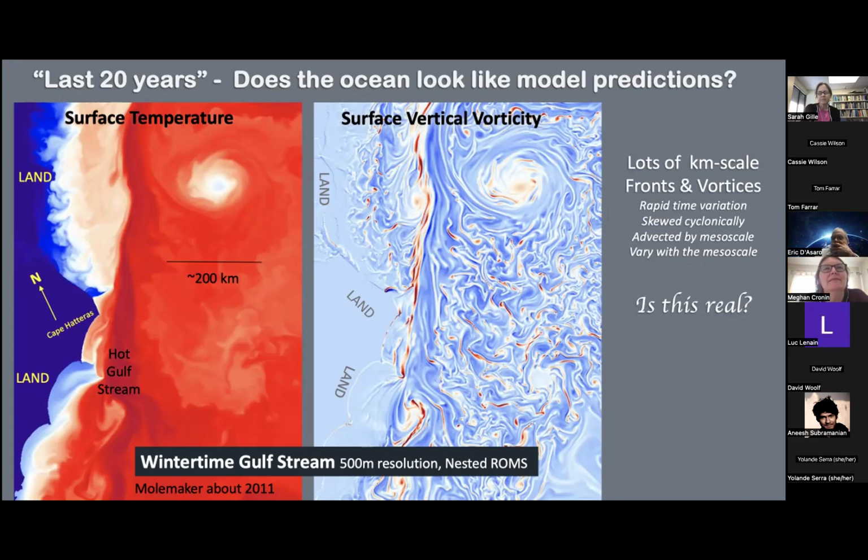Another way of saying it is that the red dots in vorticity are like 2 or 3 f, and 2 or 3 f is 10 to the minus 5, which means in a kilometer it's 10 centimeters a second. So that's not hard to see.